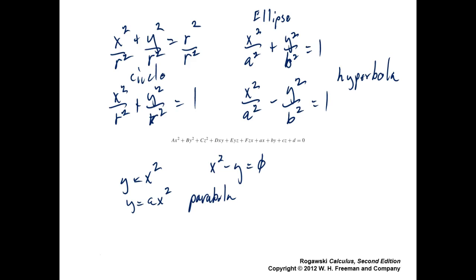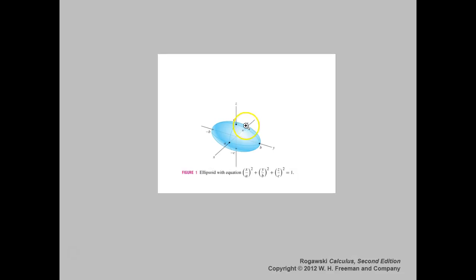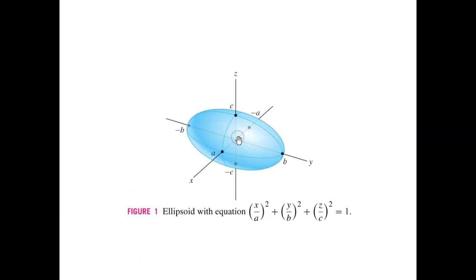All right. Now, let's go back to this. Here's your ellipsoid. Now, what makes that an ellipsoid? Well, that kind of looked like your ellipse. Remember, your ellipse was x squared over a squared.